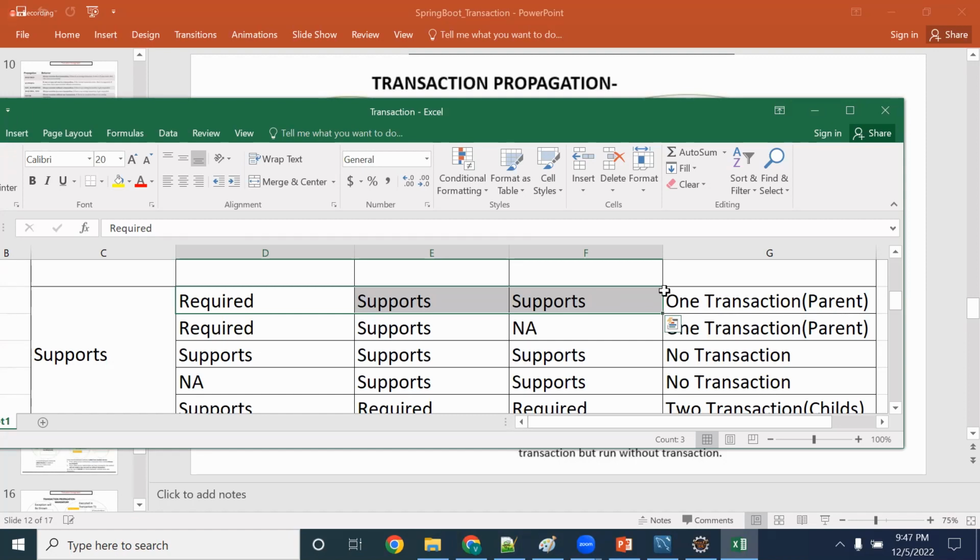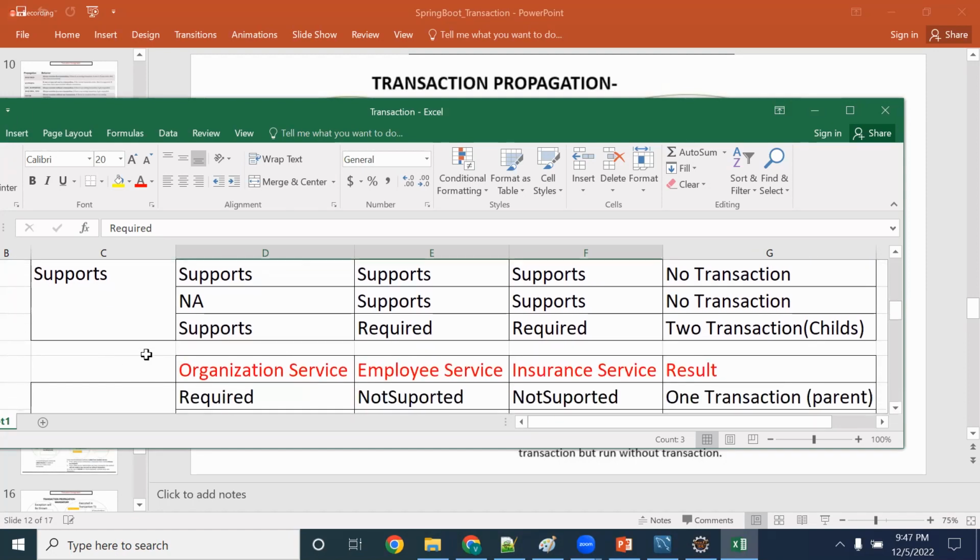But in this scenario it differs. In your parent you don't have any annotation, but in the child you write supports. If the parent is not supporting, you don't have a transaction at all. In case of required, it will create. Employee will create its own transaction. Insurance will create its own transaction. But in case of supports, it's not going to create.